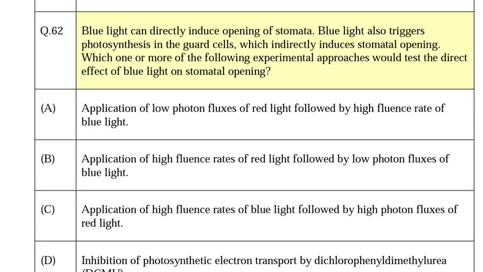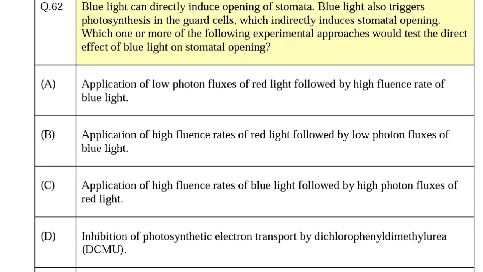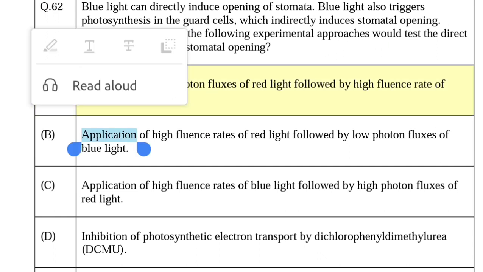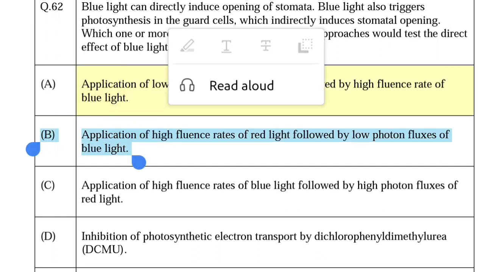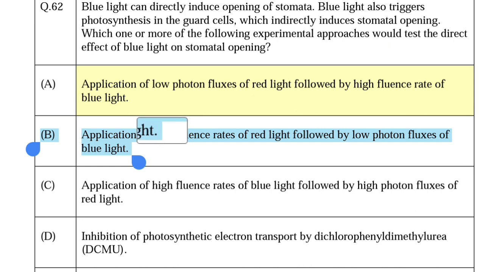Q.62. Blue light can directly induce opening of stomata. Blue light also triggers photosynthesis in the guard cells, which indirectly induces stomatal opening. Which one or more of the following experimental approaches would test the direct effect of blue light on stomatal opening? A. Application of low photon fluxes of red light followed by high fluence rate of blue light.